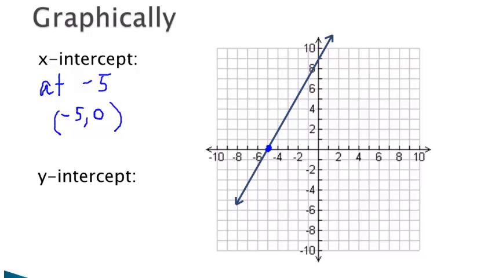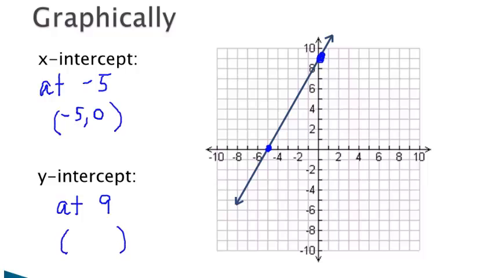Similarly, in the previous slide, we said the y-intercept of the graph of an equation is a point where the graph intercepts the y-axis. So looking at this line, we see that the line intercepts the y-axis here at 9. In a similar fashion, we can say the y-intercept occurs at 9, but the more common way to express this would be also as an ordered pair.